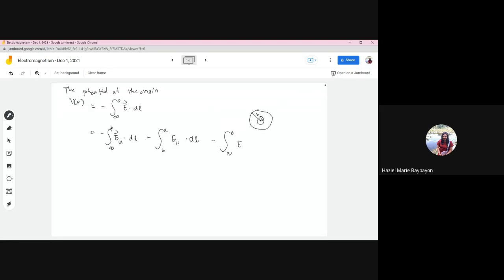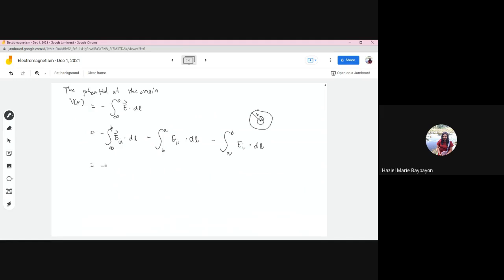So this one, ang iyang electric field diri is katong electric field sa region 1. Okay. Now take note that these are all radial. So electric field 1, 2, 3, radial ni tanan. So our DL here is just equal to DR, R hat.